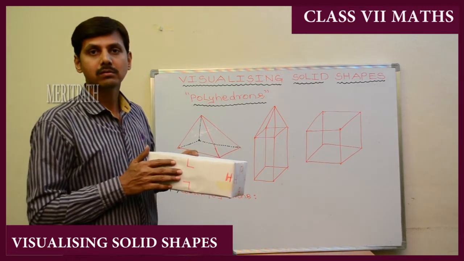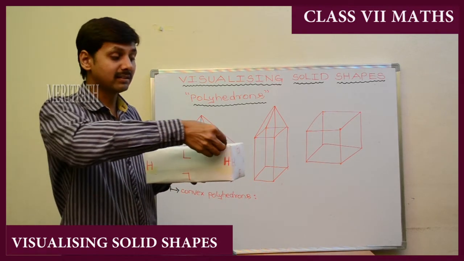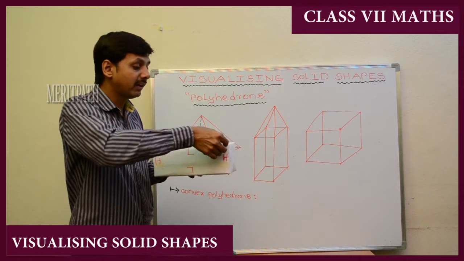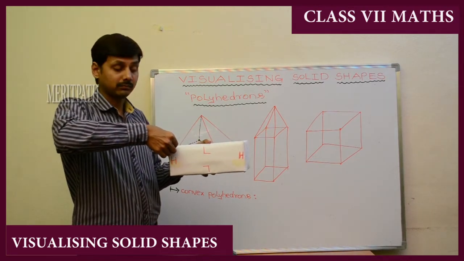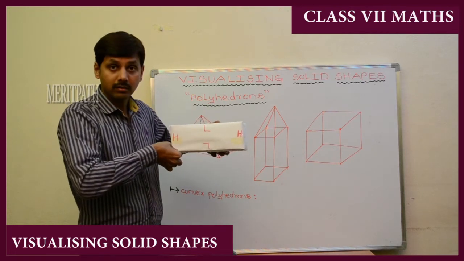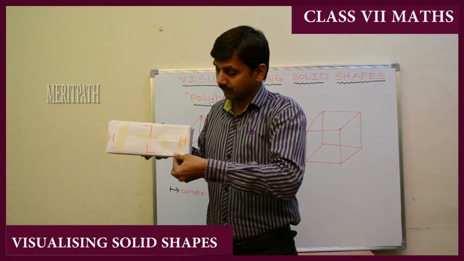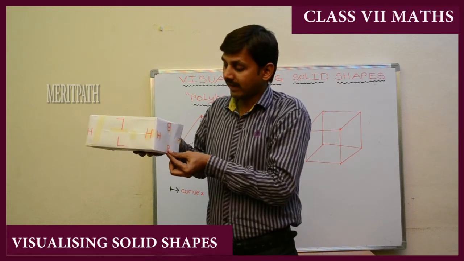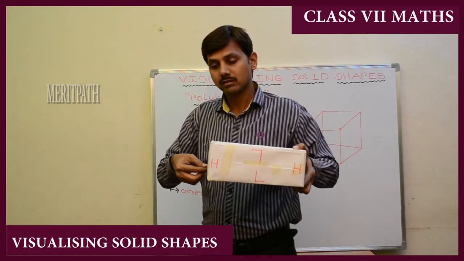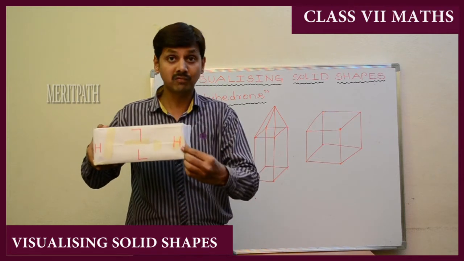Let's see how many edges we have. Let's count the edges. This is the edge we call, as we discussed just before, where the surfaces are joined together. This is edge 1, this is 2, and on the back side 3 and 4, 5, 6, 7, 8, 9, 10, and 11 and 12 vertically.